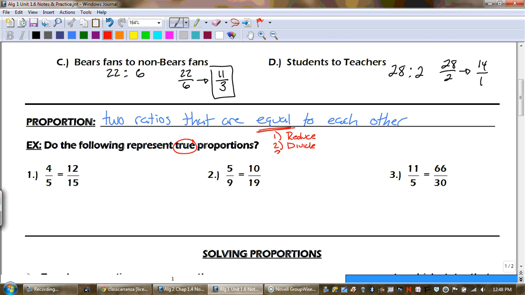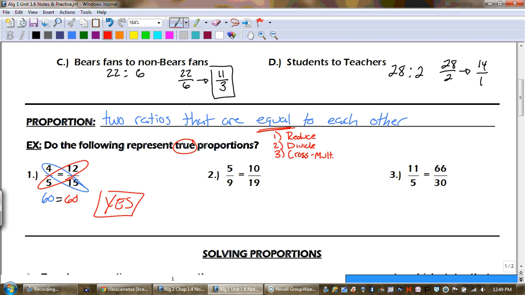And the third way that we can do is we can cross multiply. So when we cross multiply, 4 times 15 gives us 60. And I'm curious, does that equal 12 times 5, which is 60? So the answer to this one is yes.